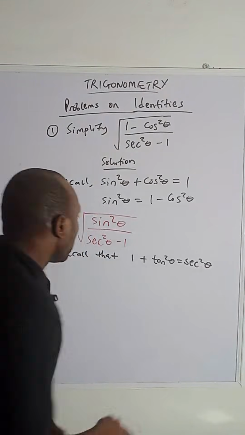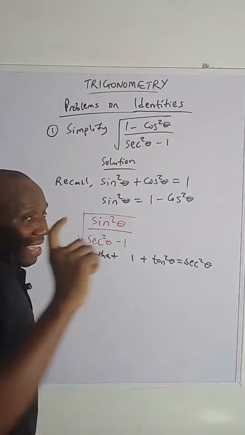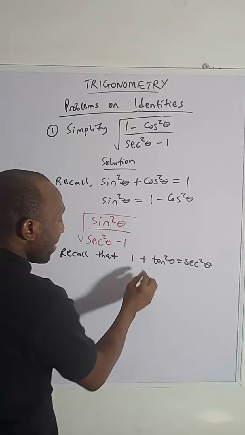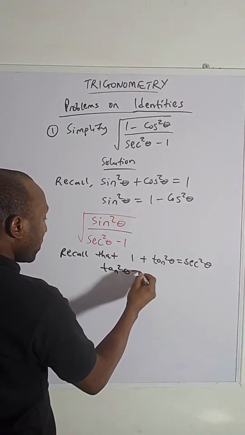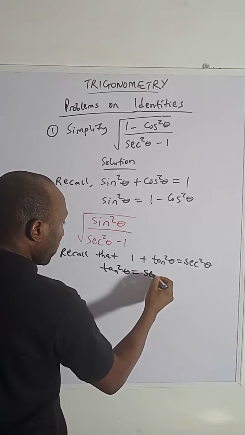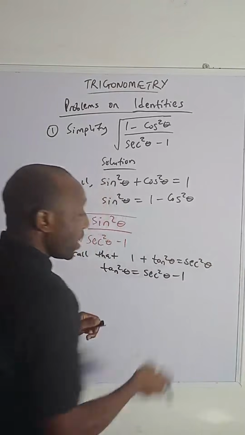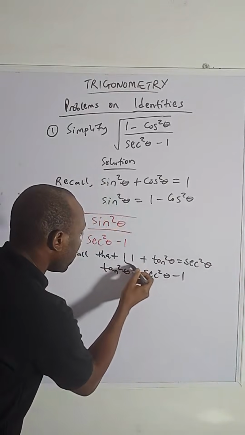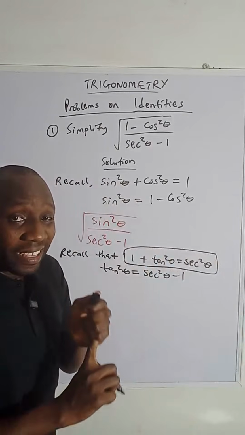Are you with me? So if I move 1 over to the right-hand side, I'm going to have that tan square theta is equal to sec square theta minus 1. If you were with me when I started this lesson, what I've written here should not be strange to you. It's one of the trig identities.